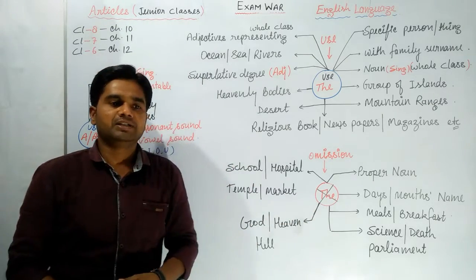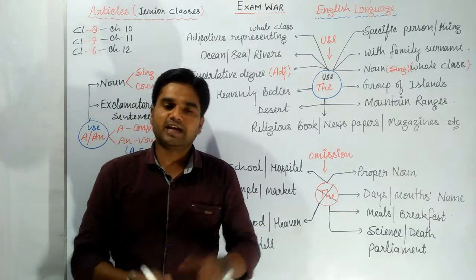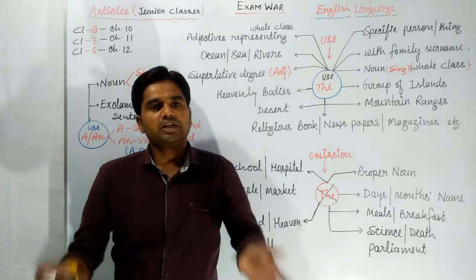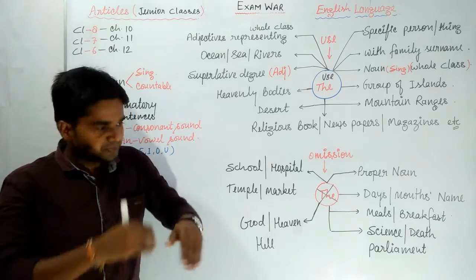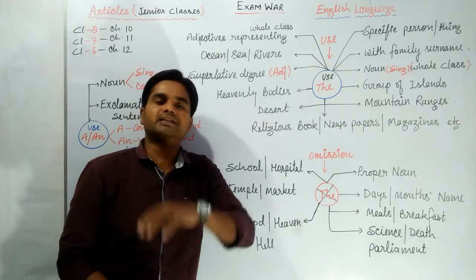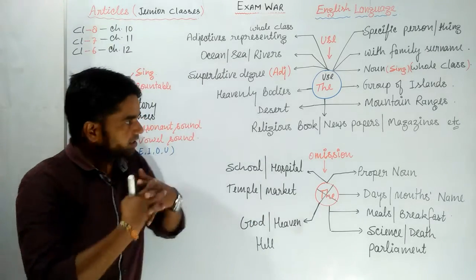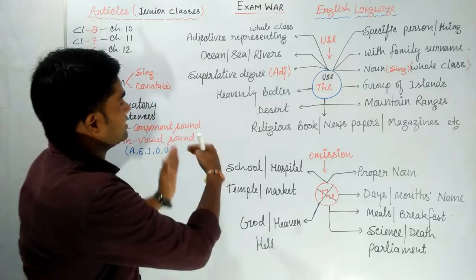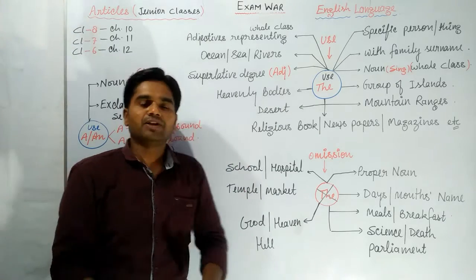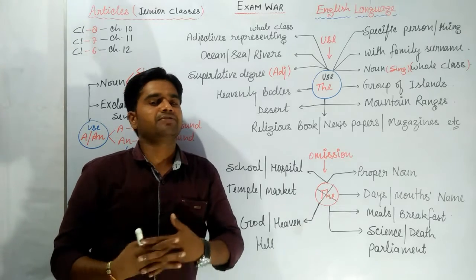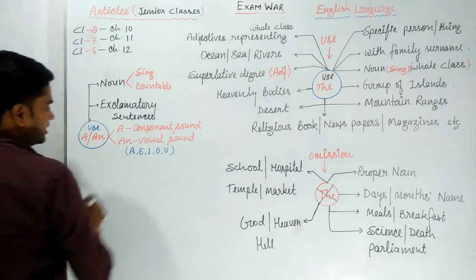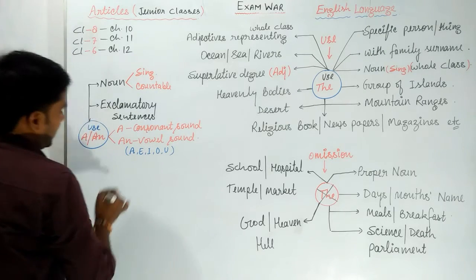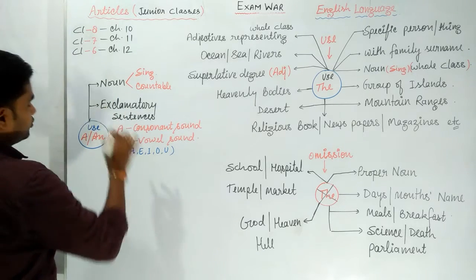In general life, it can be anything, a chair, a book, anything in daily life. And in the sense of English language, we have two types of articles, and these articles belong to adjectives. They are basically adjectives.